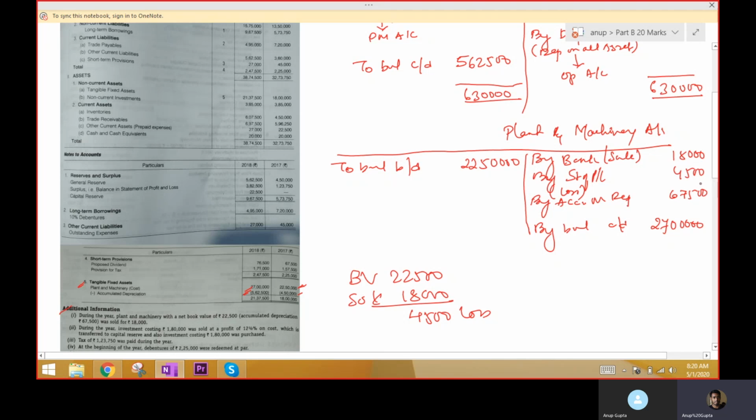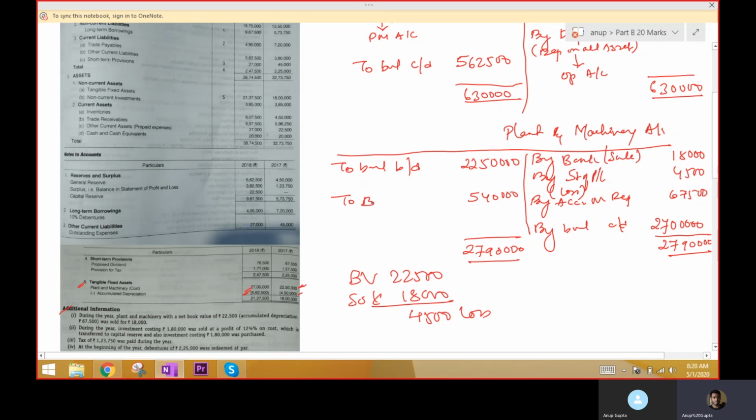Is anything else mentioned? No, sir, nothing is there. Fine. So now let us balance the ledger. The total of the credit side will be equal to 27,90,000, and the balancing figure will come here to the amount of rupees 5,40,000.